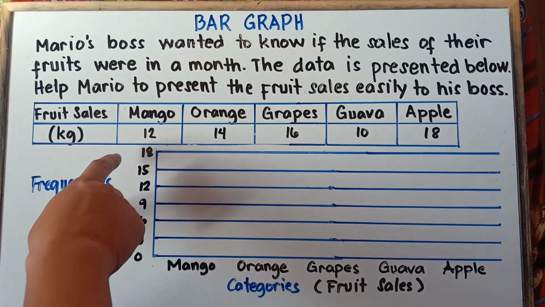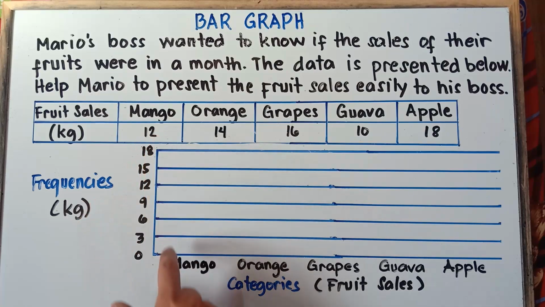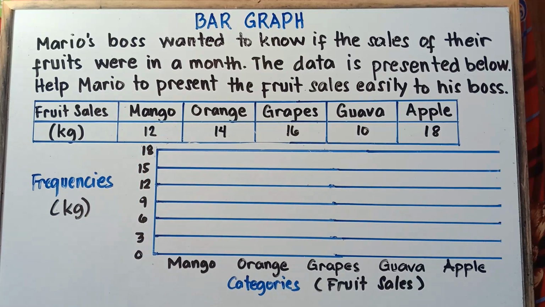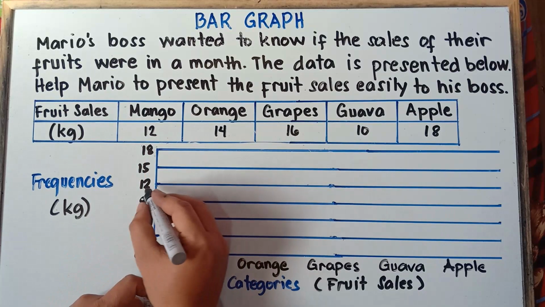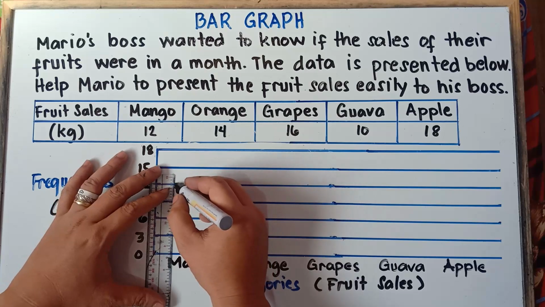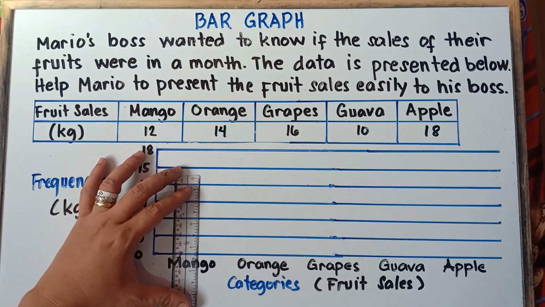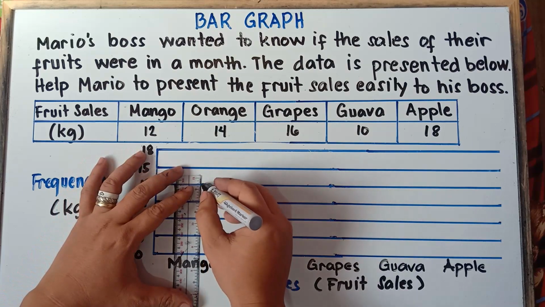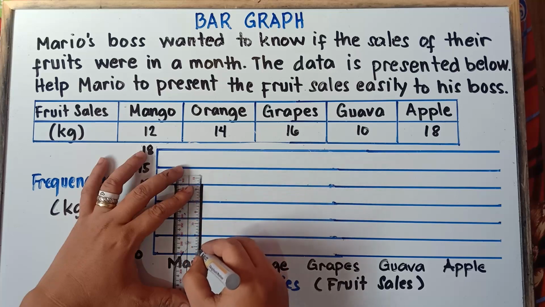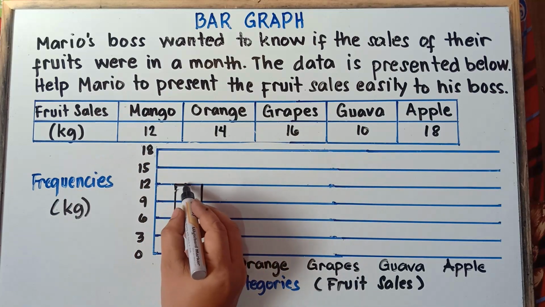Alright, so first thing to do, class, you label this one. 12 for mango. So mango, that would be 12 for the frequency. So we can use our ruler. This will be the particular line, 12. You draw vertical lines, 2 vertical lines. It's like a rectangle, class. So you draw this line, and this will be for mango, that would be 12.